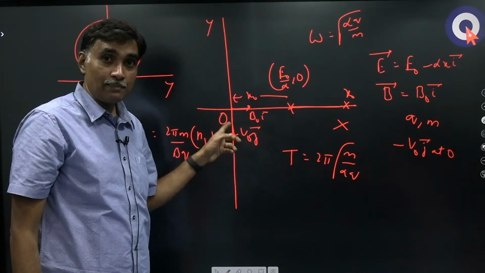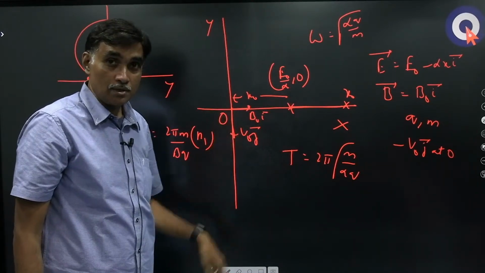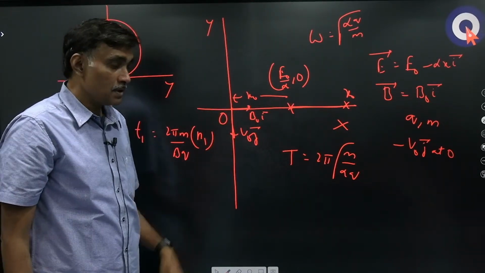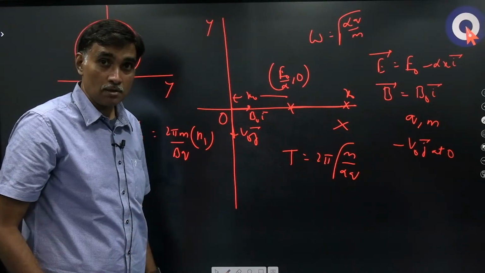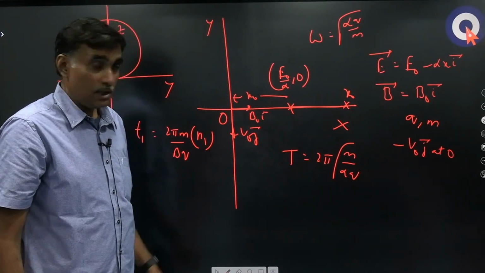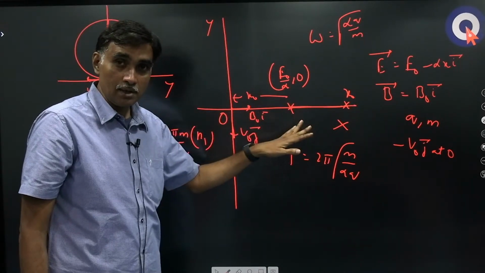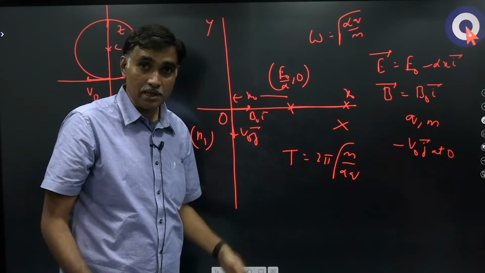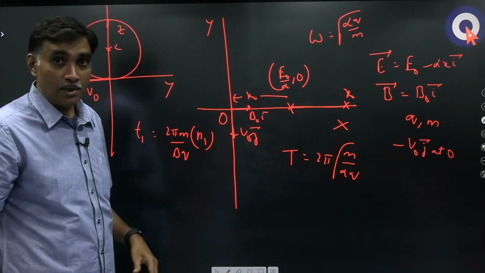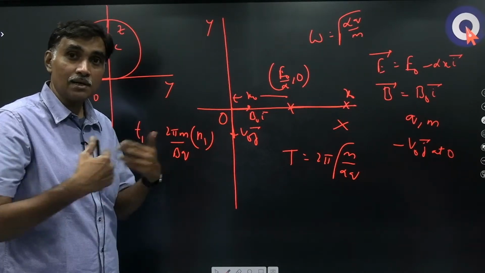After every T seconds, it will touch the origin. So periodically it should touch the origin, which means: if it completes SHM, maybe 1 or 2 or 3, whenever it completes an integral number of oscillations, in the same time it should complete an integral multiple of the circular paths.